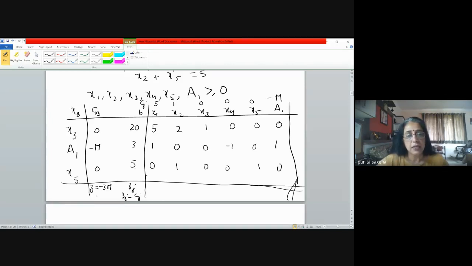Right. So now come to the Zjs. How are Zjs computed? CBs into the corresponding columns for x, right?